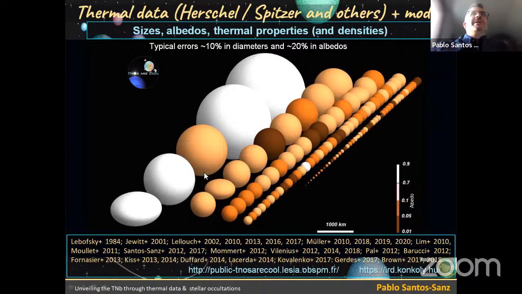Here in this slide, you have the main result of this TNOs are Cool project using Herschel Space Observatory data of TNOs and centaurs, together with ancillary Spitzer data. You can see here, with these colors, the different albedo objects and also different sizes, which are the main result from this project: sizes, albedos, and also thermal properties.